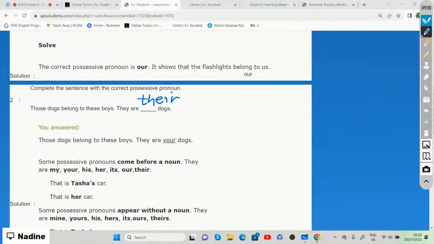If we hadn't put dogs, we would have said they are theirs. But for now, we're just saying they are their dogs because it belongs to them. So basically, this is showing the possessive pronoun. And remember, the pronoun is basically like replacing the name.